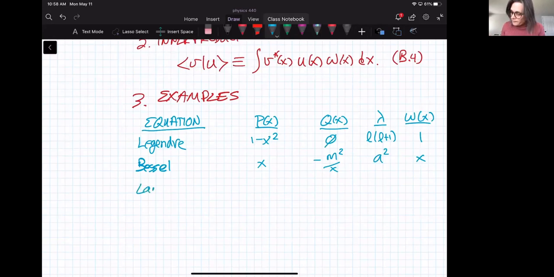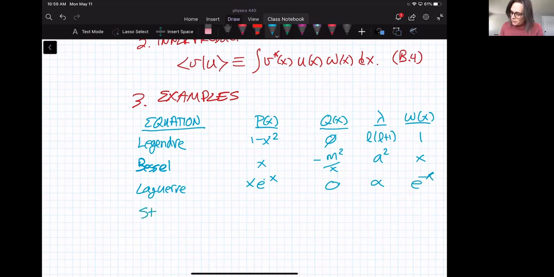Laguerre, these are all equations or functions that show up when you solve either the Schrodinger equation or Laplace equation in different geometries. P of x is equal to x e to the minus x. There's no q. Lambda is alpha, and the weight is e to the minus x.